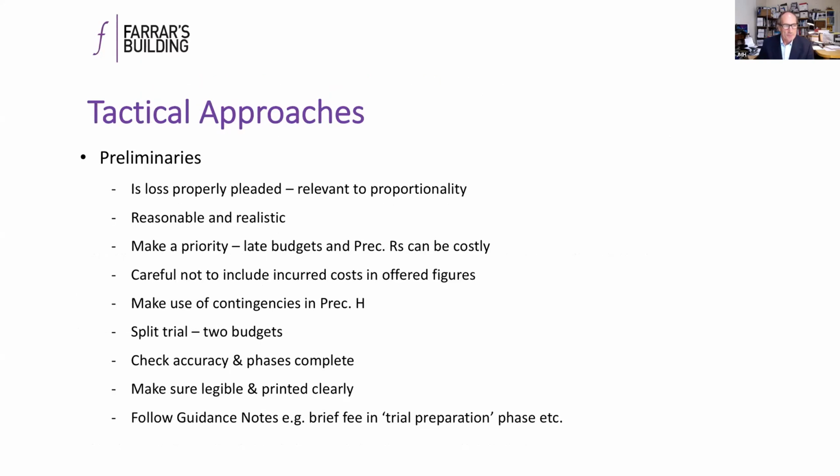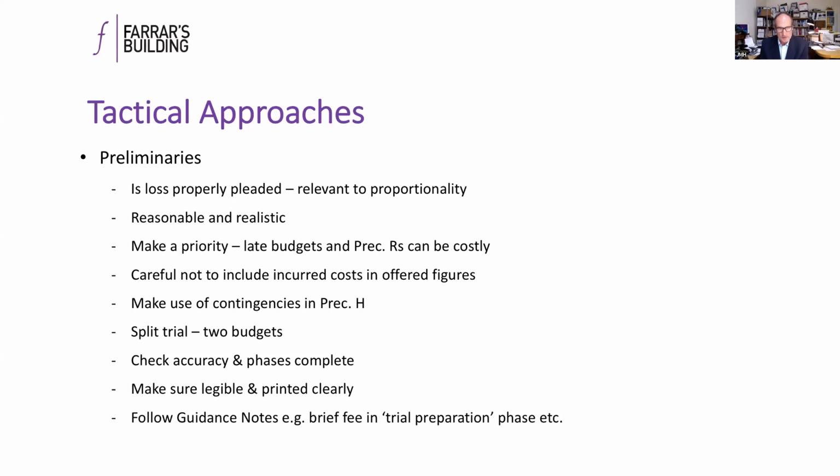So, tactical approaches of cost budgeting. First of all, one of the points obviously for a claimant, and it's relevant to the question of proportionality: has the claimant, this is what the claimant should be saying to itself, properly pleaded their case?